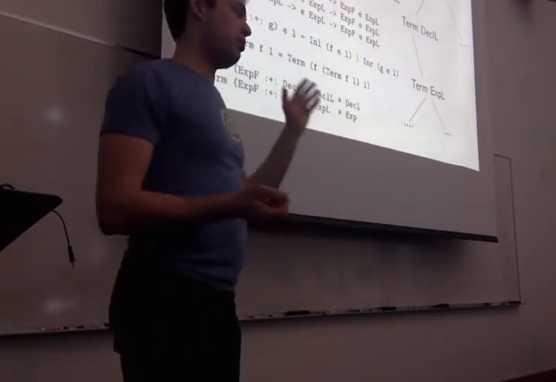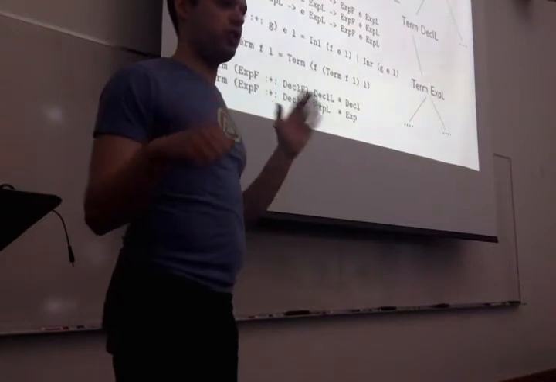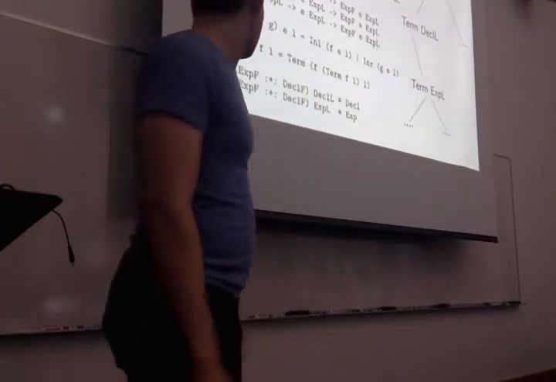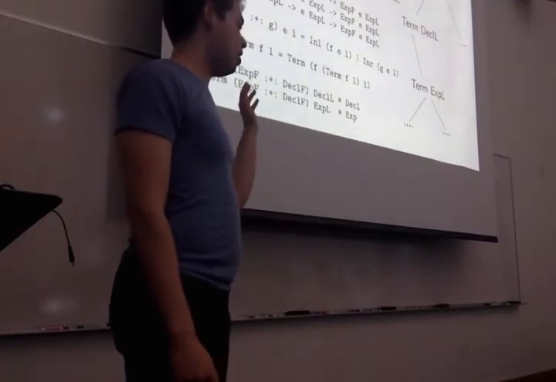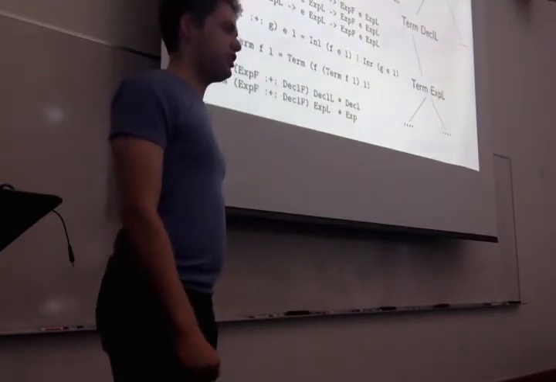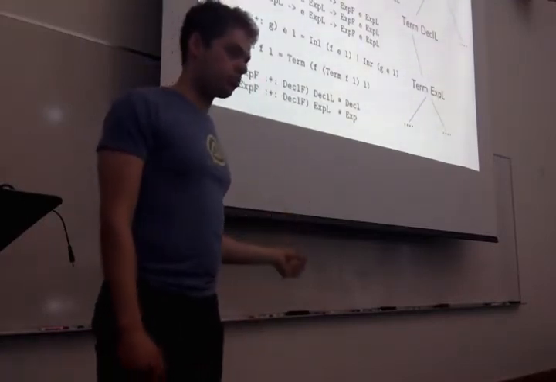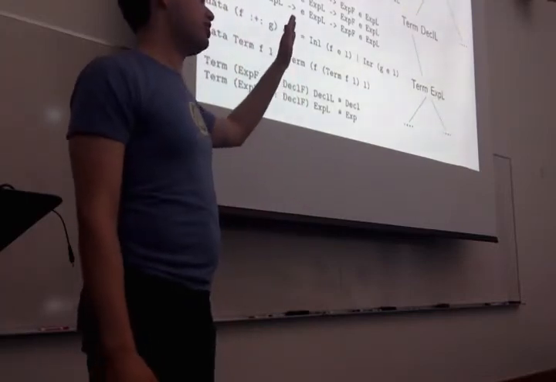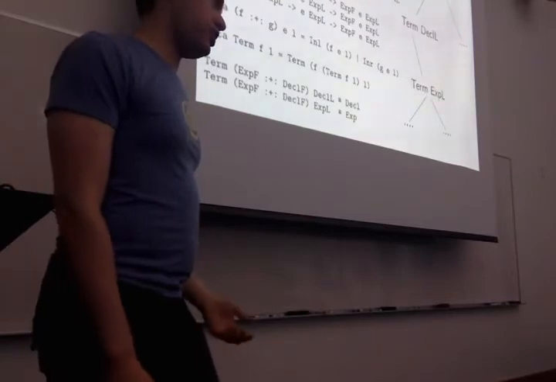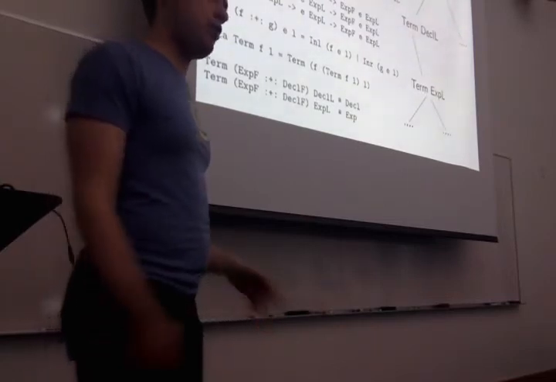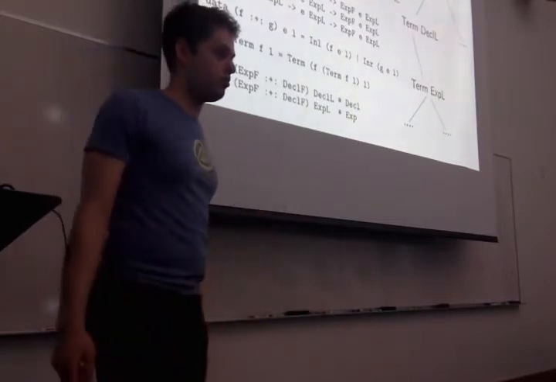And every node is labeled with a sort of that term. And so a term, expression, or declaration with a decl label is a type of trees where the top node has that declaration label. And that is isomorphic to the declaration type that I defined by hand a few slides ago.